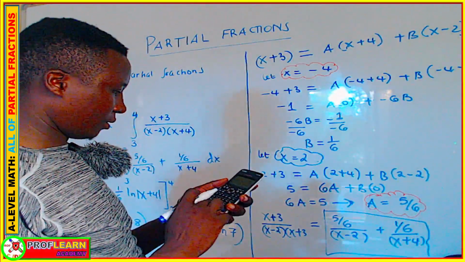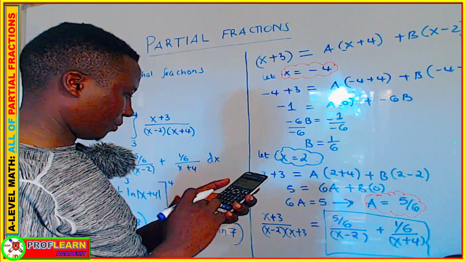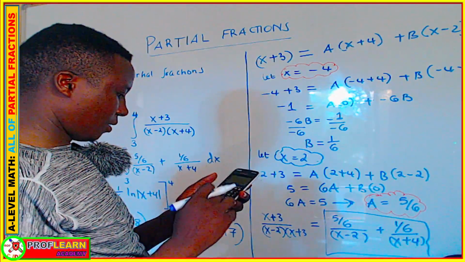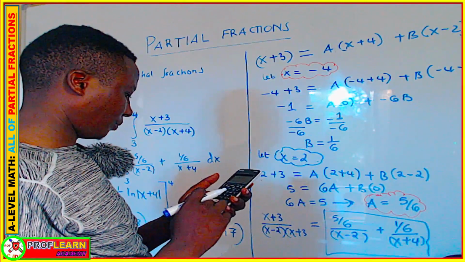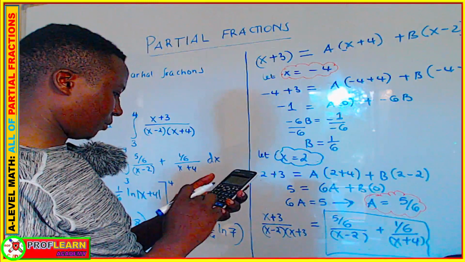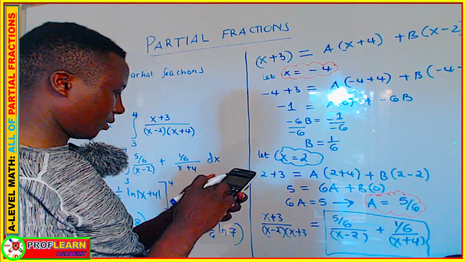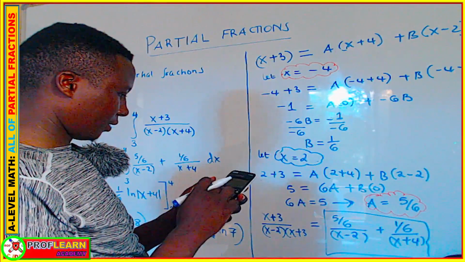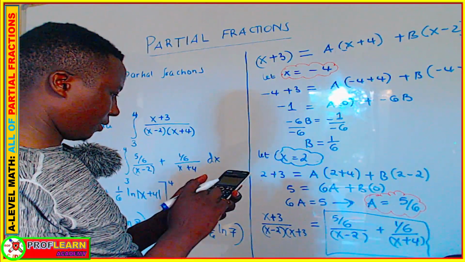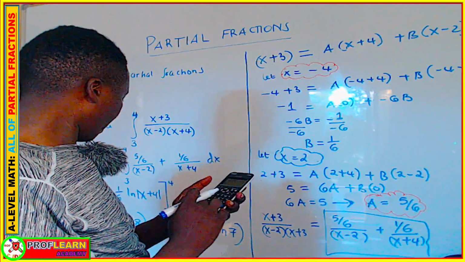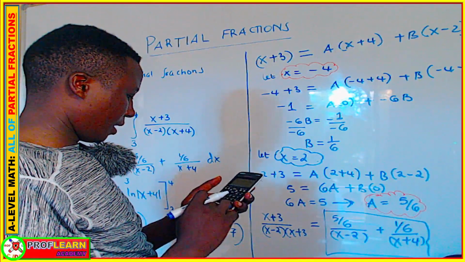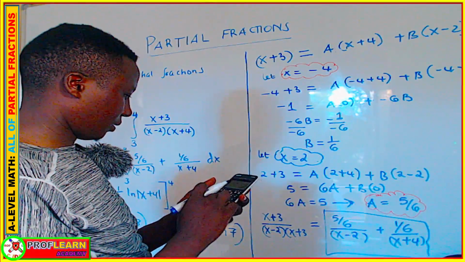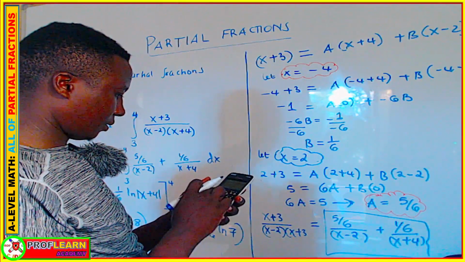5/6 ln of 2 plus 1/6 ln of 8, I close the bracket like that, then minus 5/6 ln of 1, then plus 1/6 ln of 7.